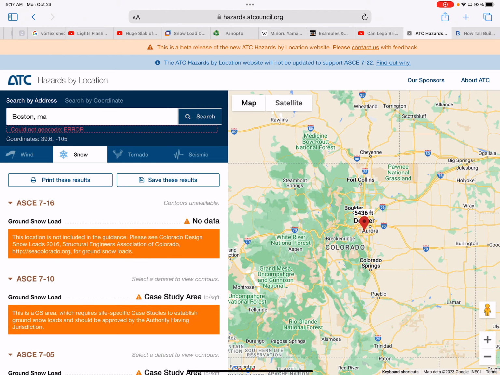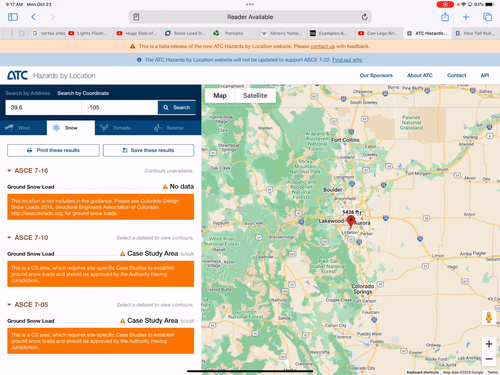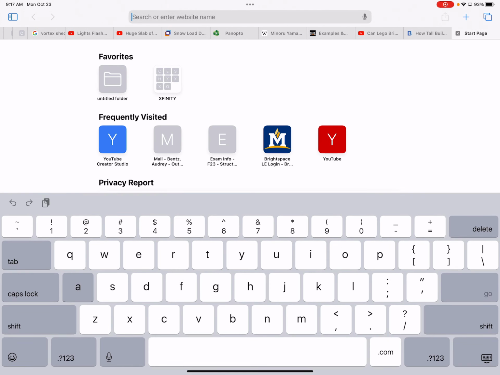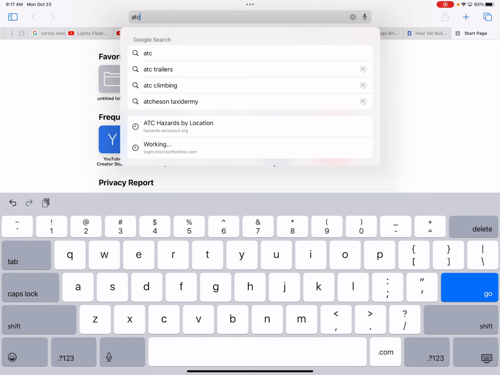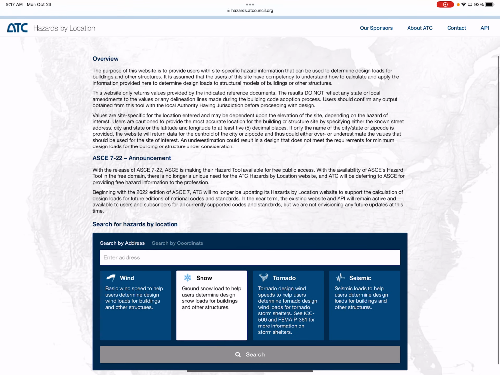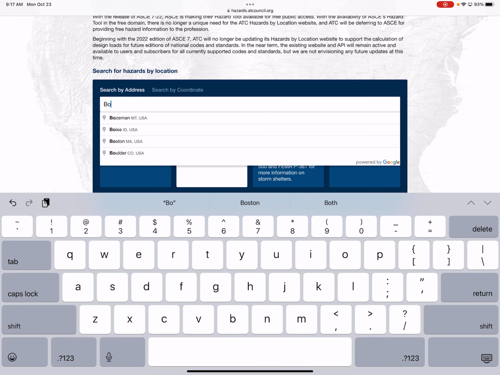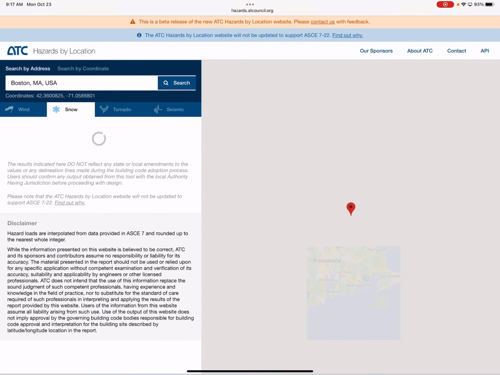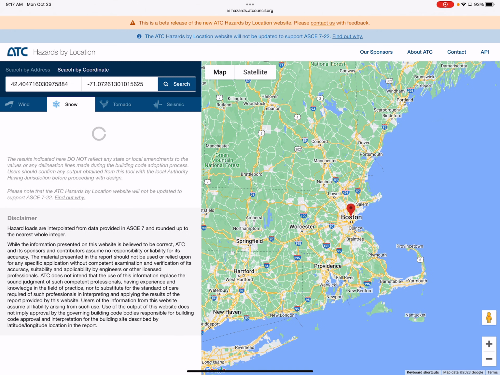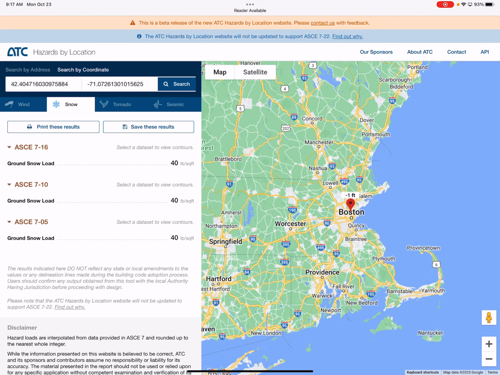All right, so it's giving me an error here. Let me try just refreshing the page, actually. All right, so if we go to snow, enter address. There we go. Boston, Massachusetts. So we land on Boston.